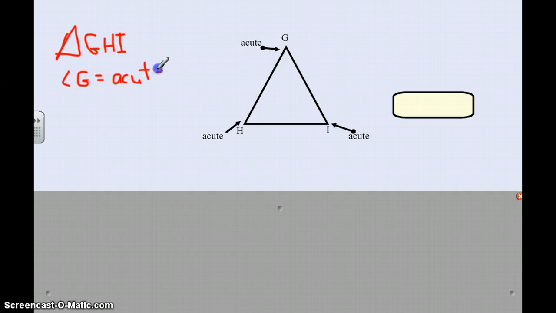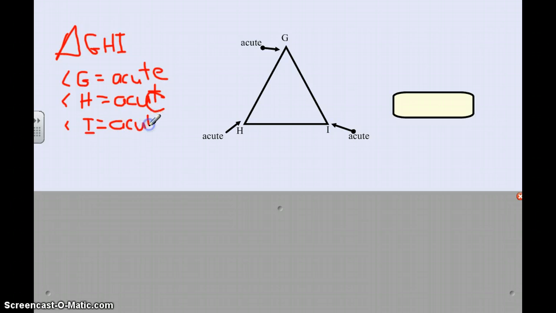Okay. And if we go over and we look at H, again, we have another acute angle. So there's our 2 acute angles because remember, triangles have to have at least 2 acute angles. And we have angle I. And we have another acute angle, another angle that's less than 90 degrees.